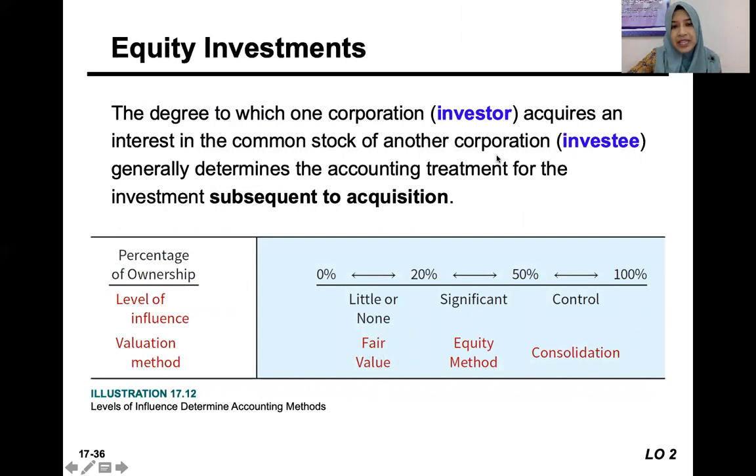The percentage or extent to which one corporation, the investor, let's say our company, acquires an interest in another company, which we call the investee, the company whose shares or warrants we buy, will influence the accounting treatment for the investment subsequent to the acquisition.